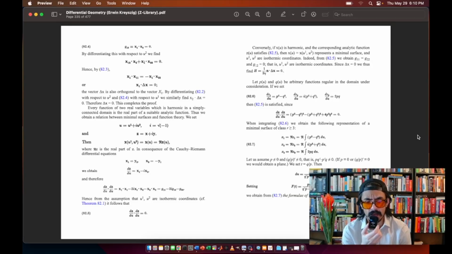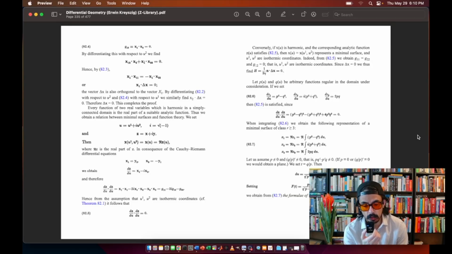When integrating the derivatives of the components of z with respect to u, as shown above, the dz1/du, etc., we obtain the following representation of a minimal surface of class r greater than or equal to 3. First, we have x sub 1 equal to the real part of z sub 1, equal to the real part of the integral of p squared minus q squared du.